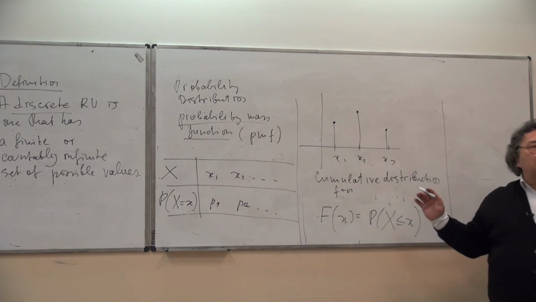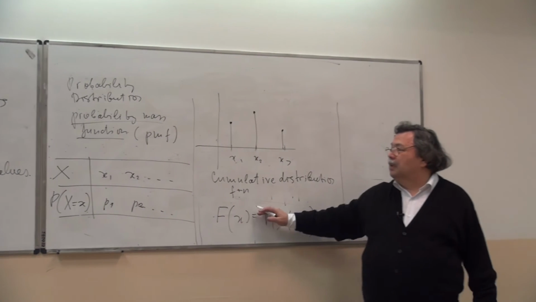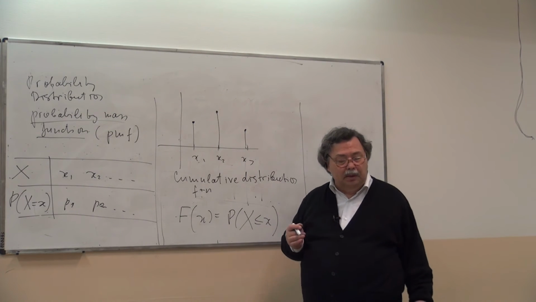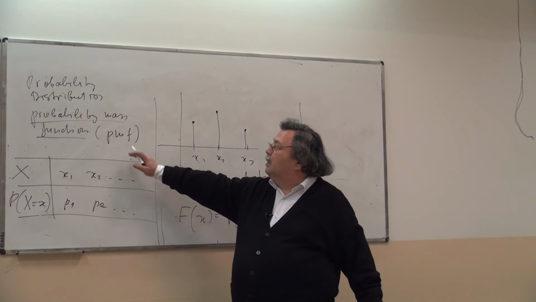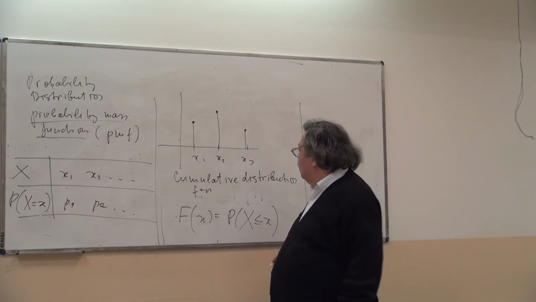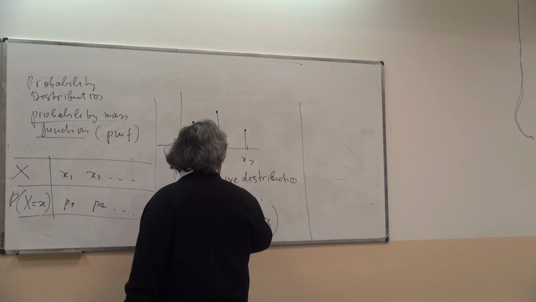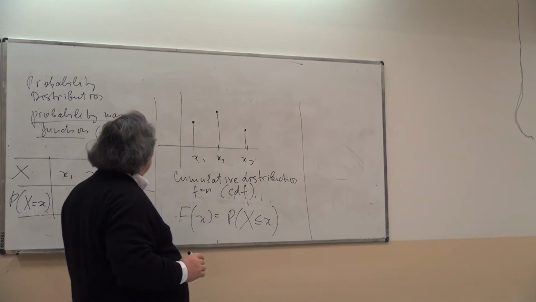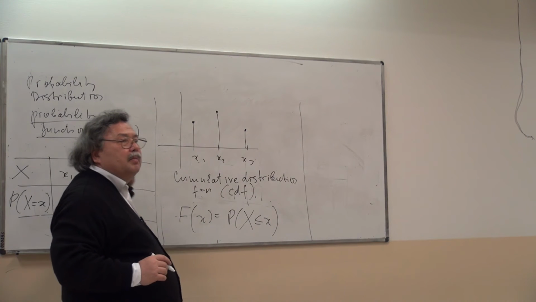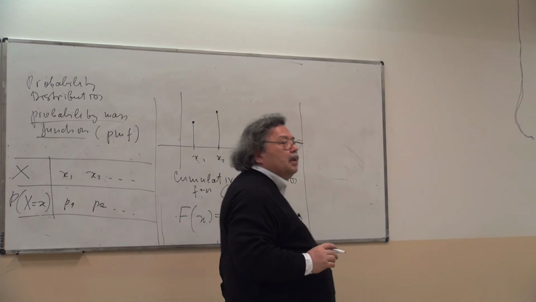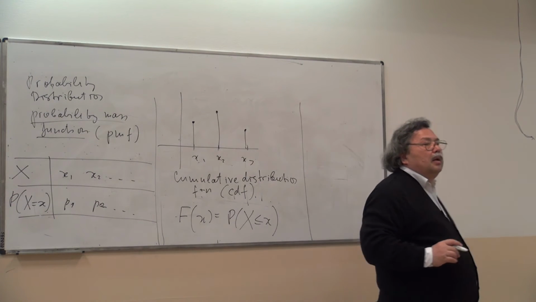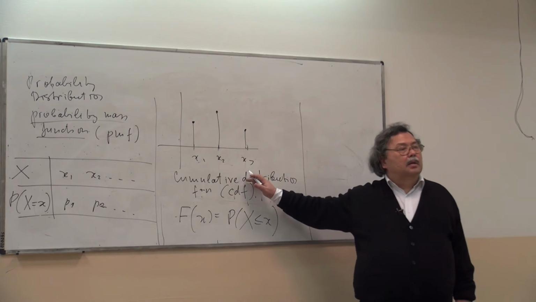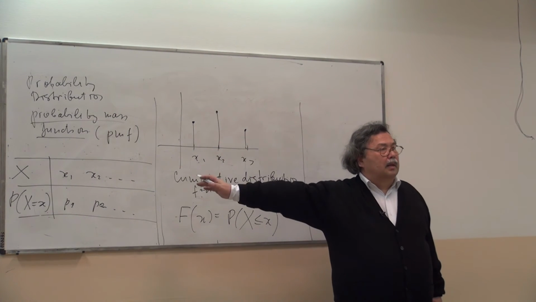Now, what is the difference between this instrument, this way of describing a random variable, and the PMF? By the way, there is this CDF, cumulative distribution function, and this is PMF, probability mass function, accepted abbreviations.